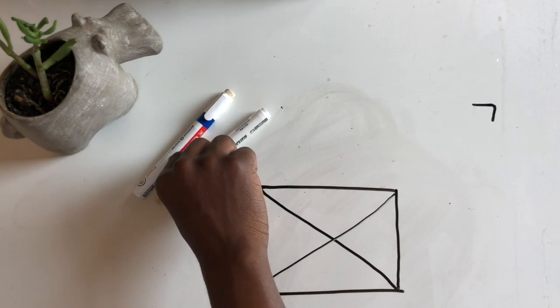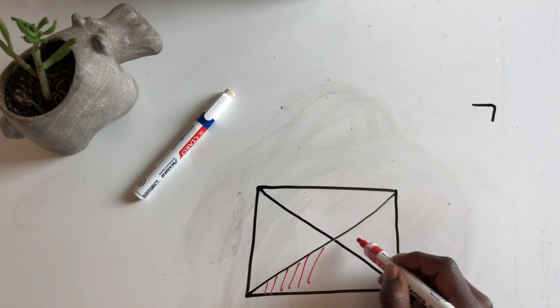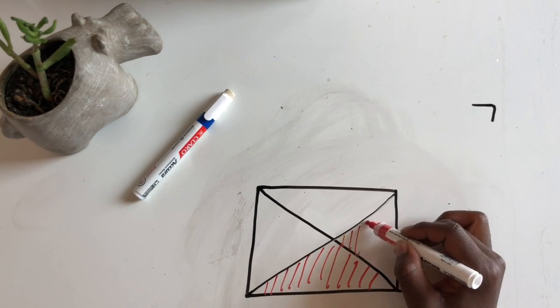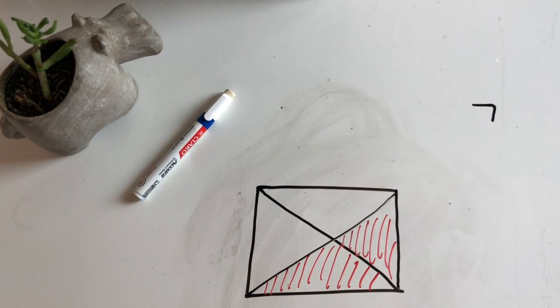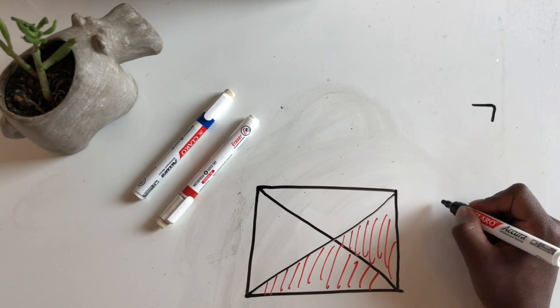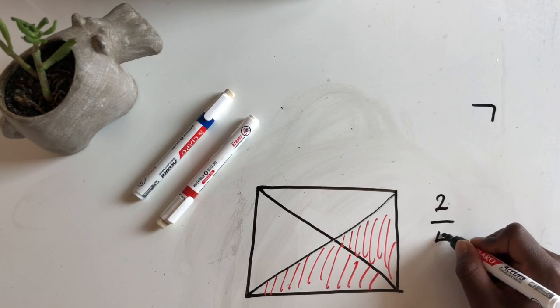And we are going to shade half this shape. So that's 1. Okay. So the fraction here we have is 2 over 4.